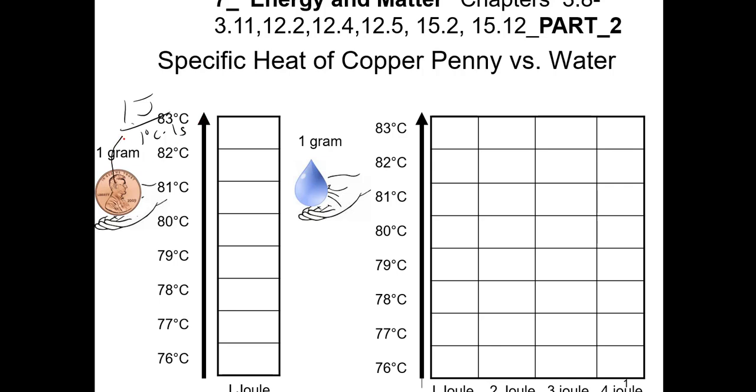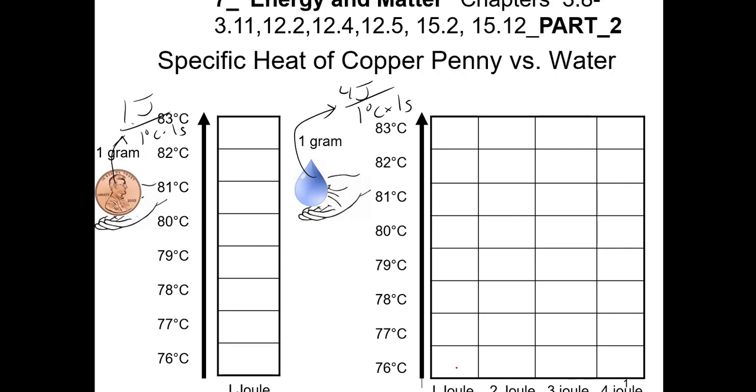Now compare the specific heat of a copper penny to the specific heat of water. It turns out in order to raise the temperature of water, you are required to specifically put in 4 joules of heat energy, and then you will have a 1 degree temperature change per 1 gram of that substance.